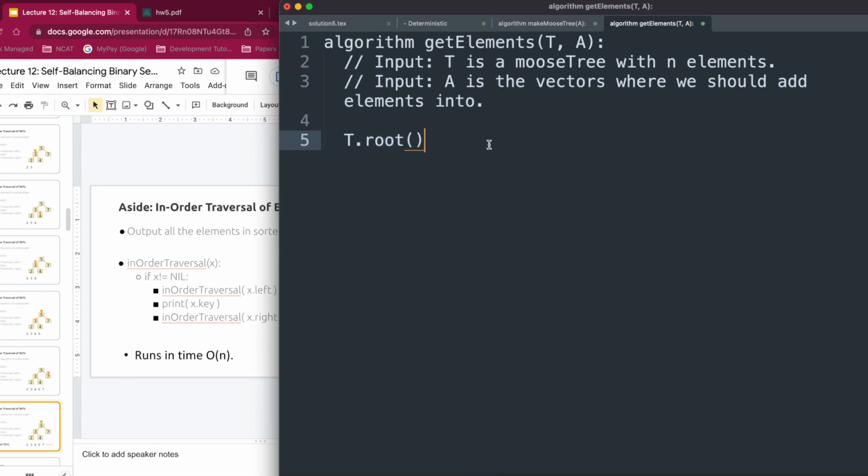So this might actually be pretty straightforward. The first thing we want to do is look at the root of the tree and see if that is nil.